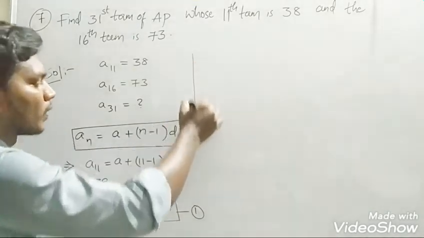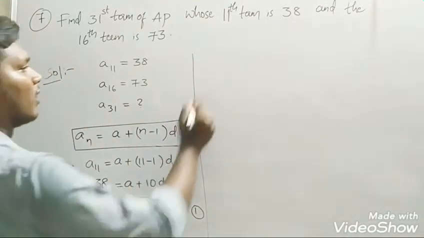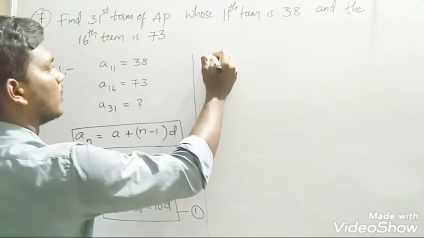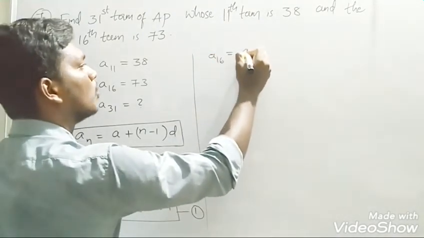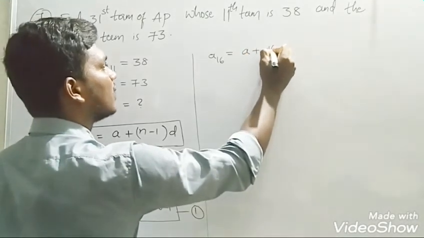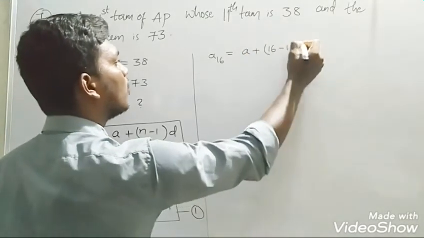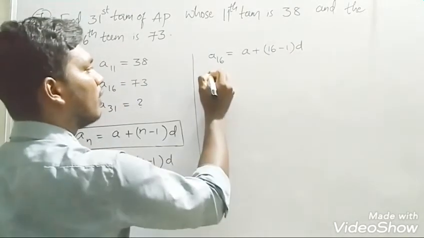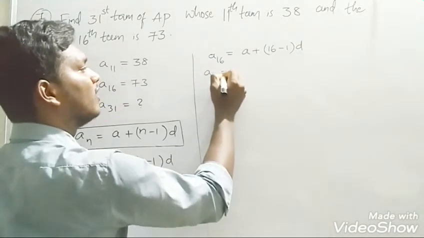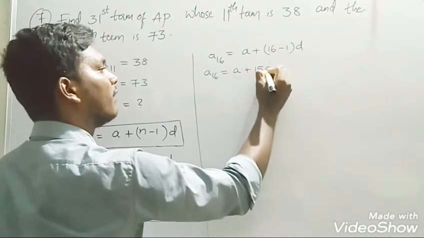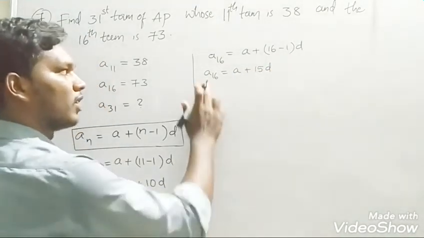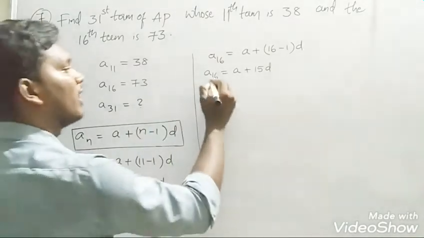Now the 16th term. First write the formula: a16 is equal to a plus (16 minus 1) into d. So a16 is equal to a plus 15d, and the value of a16 is 73.